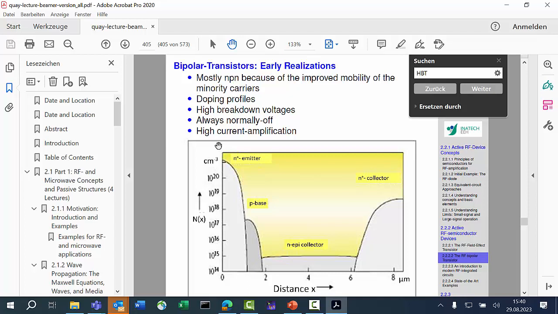But if you do that, the trouble is you get this fish tank effect, which normally helps you. But in this case, it's a bit counterproductive because the electrons should go into the range of the base. But if you put too much base doping, then the holes from the base will also want to go back.